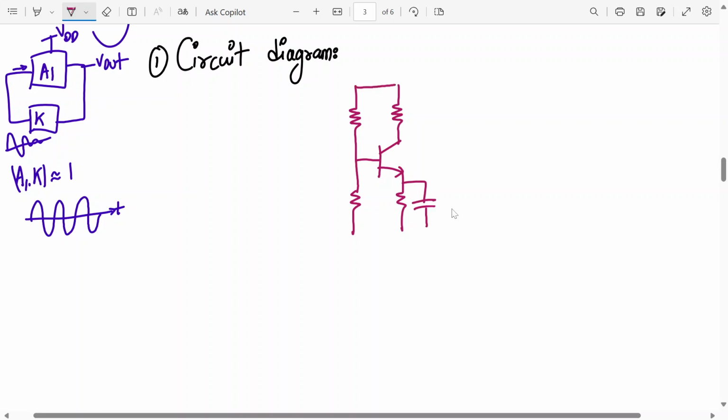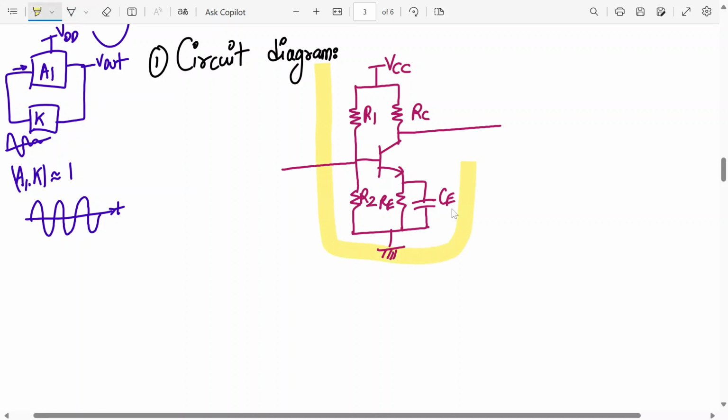This is the VCC power supply, R1, R2, RC, RE and CE. So this is my amplifier network. This block is my amplifier.